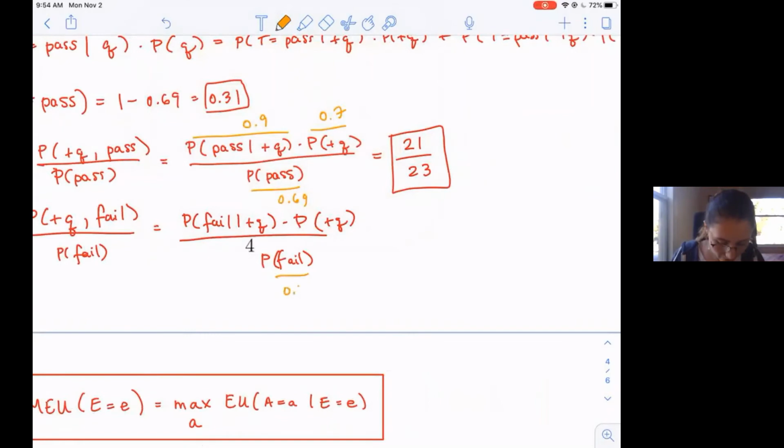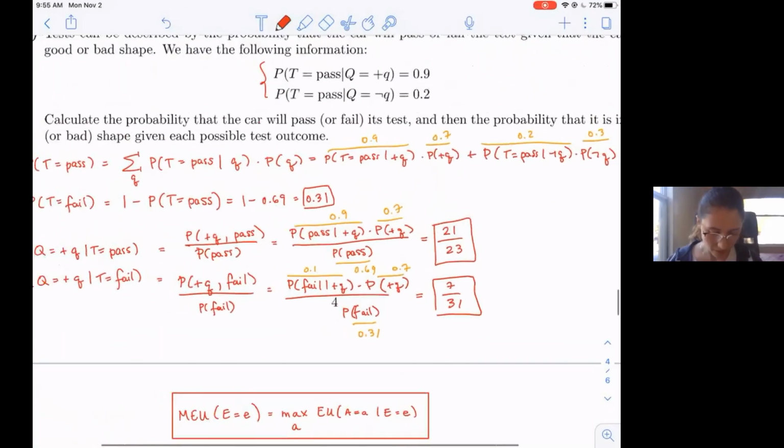All of these we have access to again from the prior problems. We have 0.31 as the probability of fail, 0.7 as the probability of the car being in good shape, and the probability of fail given plus Q is going to be 0.1. So overall here we have 7 over 31. Great.